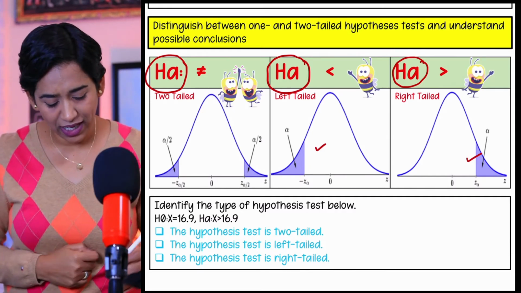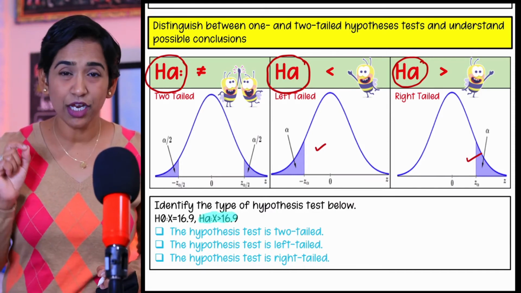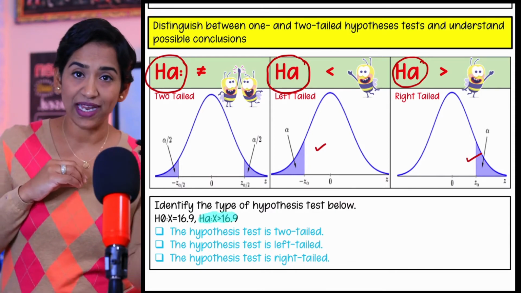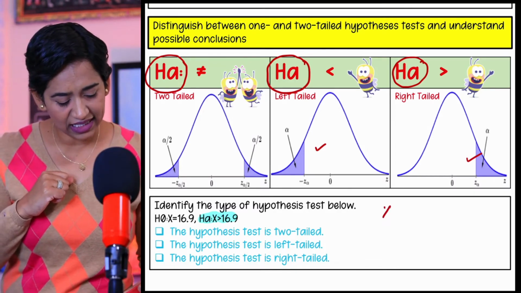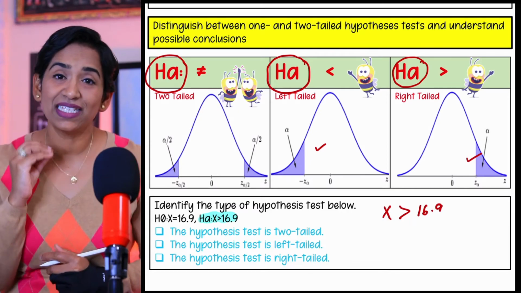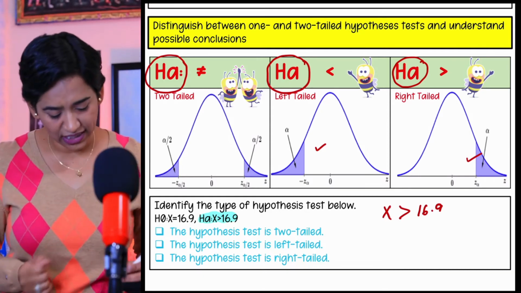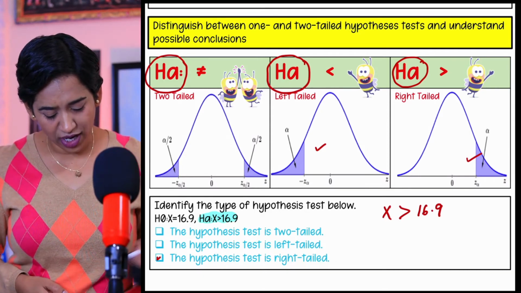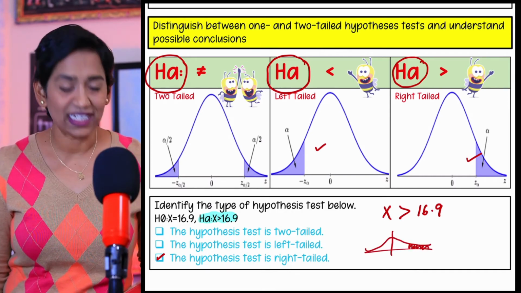Let me highlight my alternative. Here you see my alternative is greater than: x greater than 16.9. When I say it's greater than, what tail is it? To the right. So this is my right-tailed test, because greater than is always to your right-hand side.